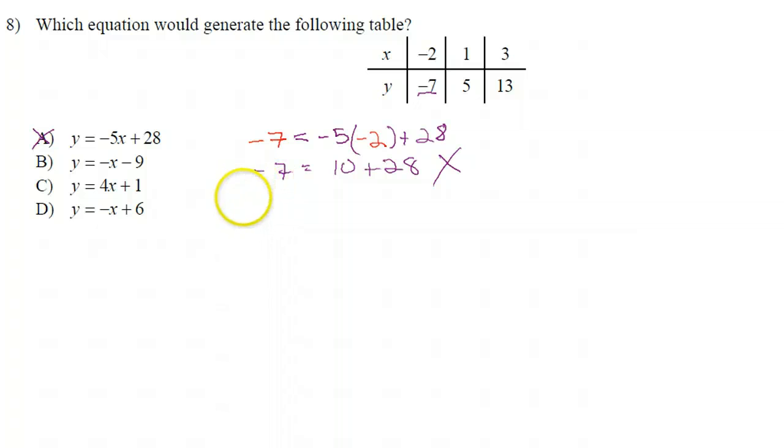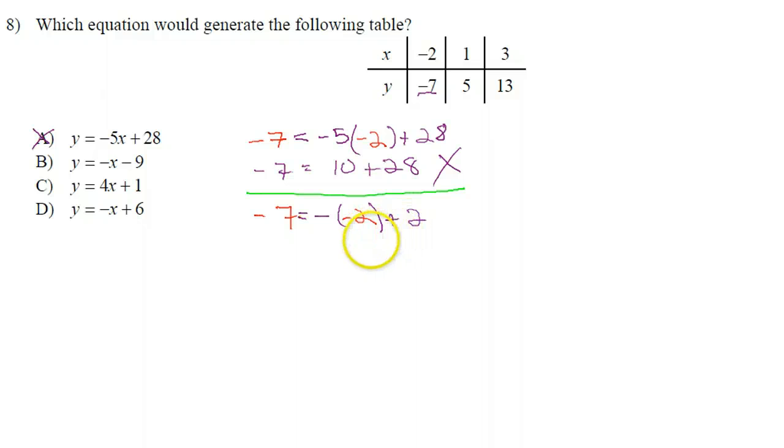Same thing. I'm going to start off with the y is -7. So doing that, I get -7 is equal to -x. So what is my x? It is -2. And then plus 28. Oops.